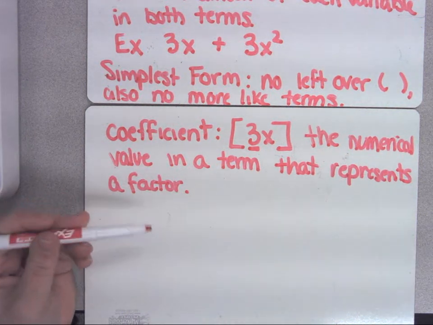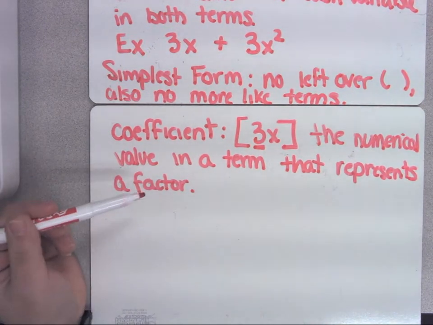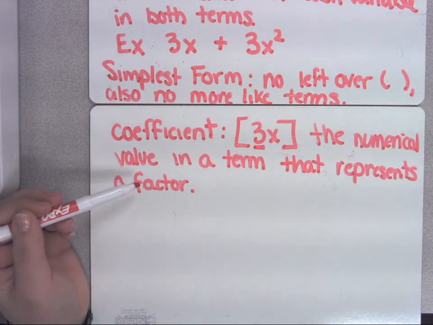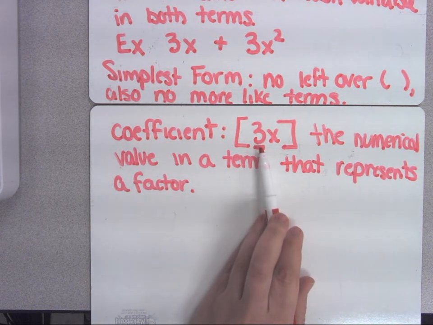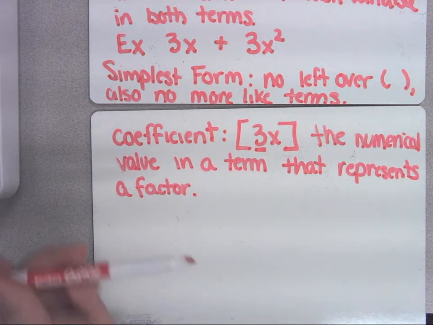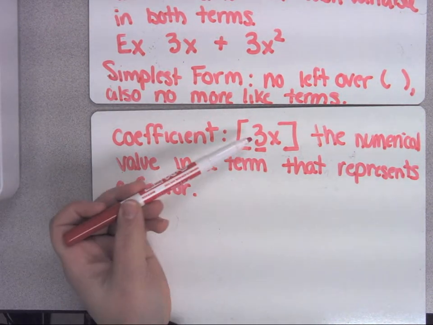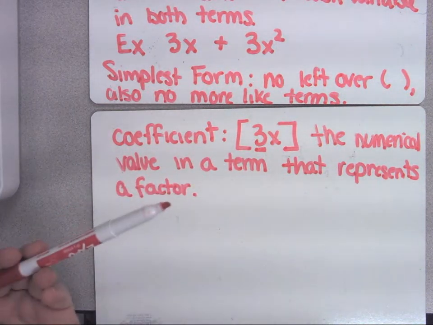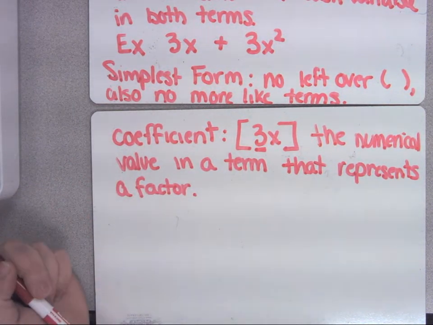Right, a factor, but in this sense anyway, right? A factor is something we can break down, right? And this one, technically, the only thing that makes 3 is 3 times 1. But what this means, it has to be this whole number, but you can't say whole numbers because a fraction is also a coefficient.